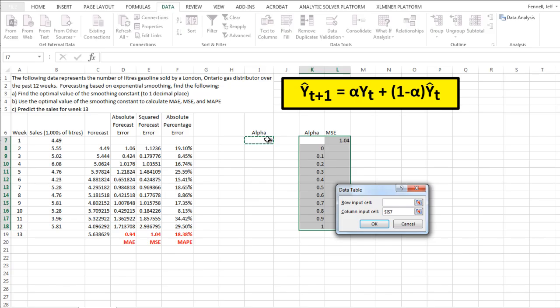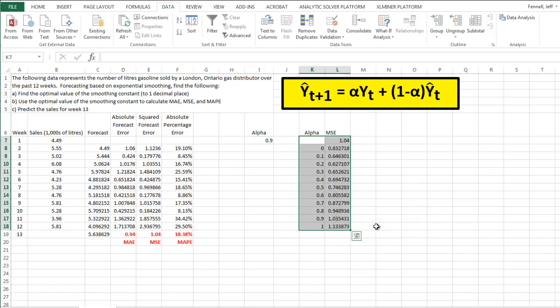And as I do that, Excel is going to put all those values into that cell and tell me how this cell was affected, because that's what I cell reference. So if I hit OK, I can see that MSE changes depending on what it subs in for the alpha value.